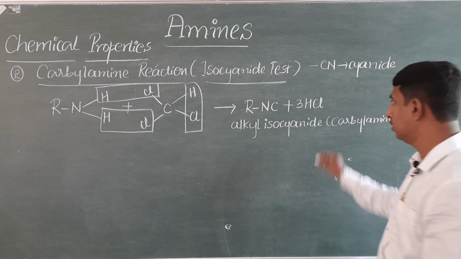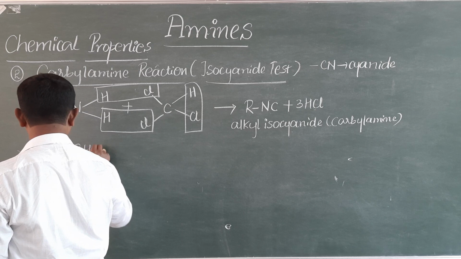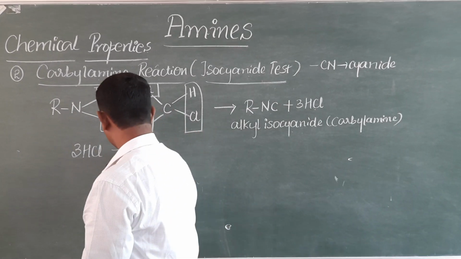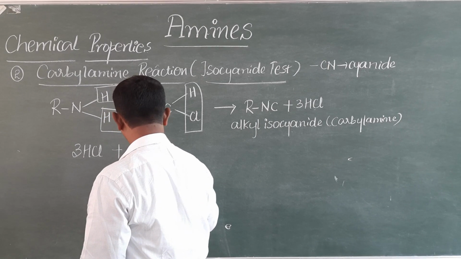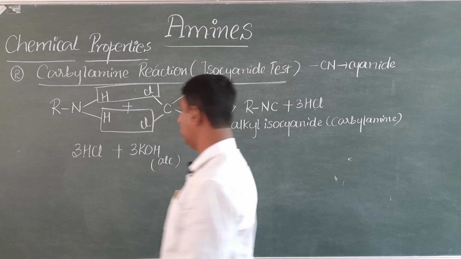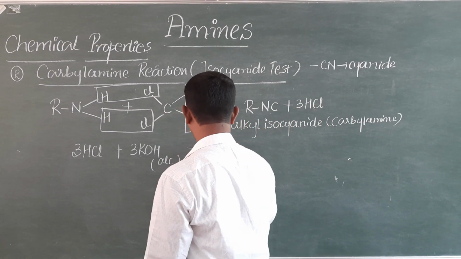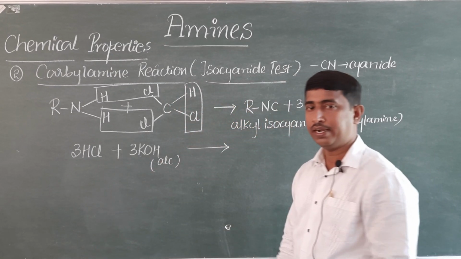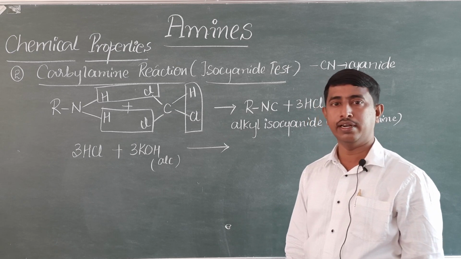In the next step, see these 3 molecules of HCl. HCl is an acid, hydrochloric acid. It will react with 3 molecules of a base, alcoholic potassium hydroxide. An acid base reaction always results in salt and water.